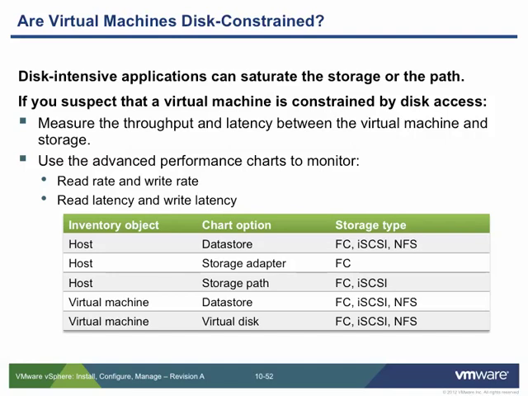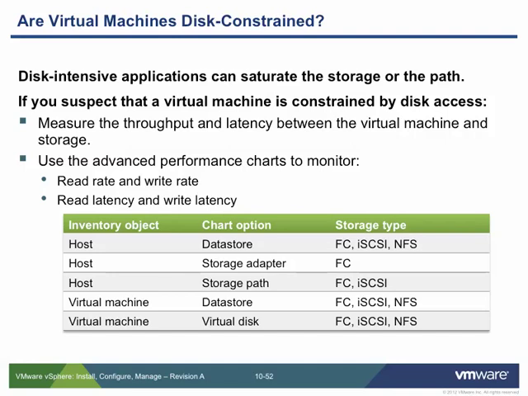But if you are trying to run too many virtual machines across, let's say, a 100 megabit pipe, then you're going to have a storage path constraint there. You put a couple machines running iSCSI or NFS over a single 100 megabit Ethernet connection, then you're going to come into constraint real fast. And again, there are different ways that we can use performance charts to look at the read rate and the write rate, and also the latency of read and write.